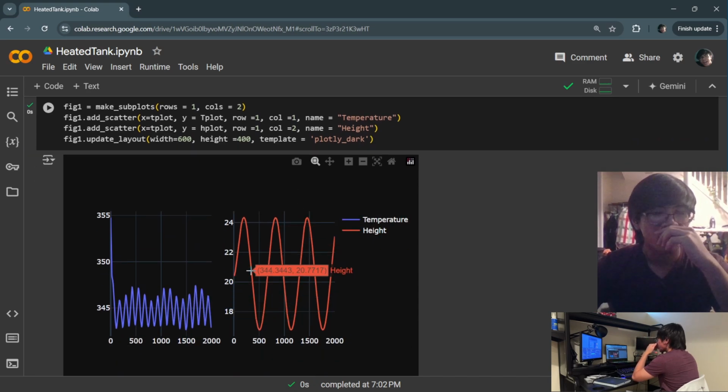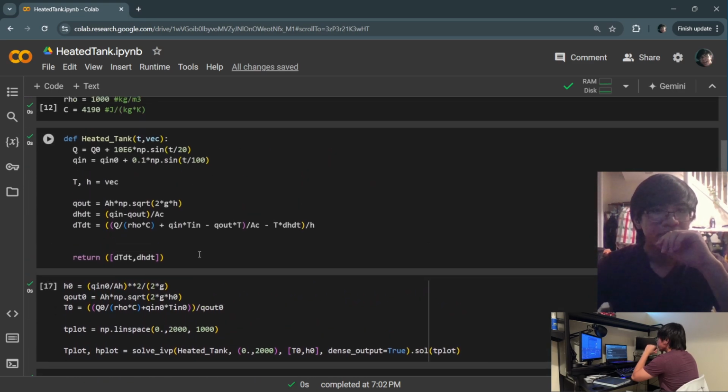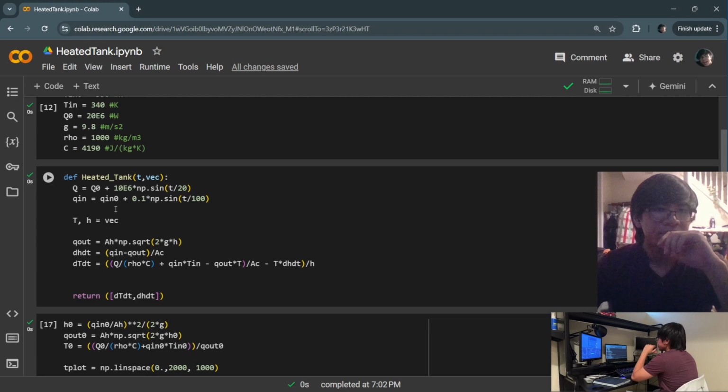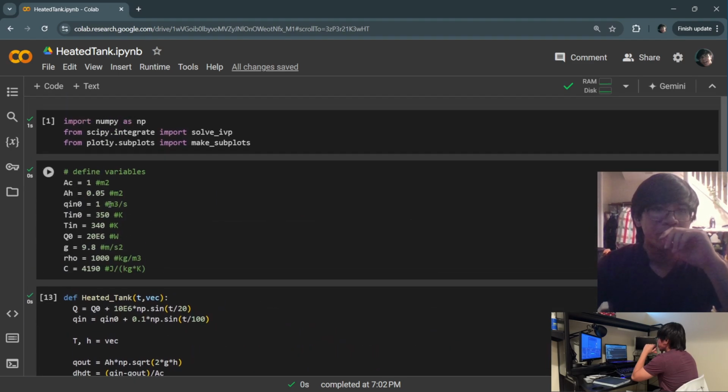So we see our oscillations, times in seconds, with the range that was defined in the problem, and this is temperature in kelvins. Interestingly enough, it makes sense since we're changing our heating coil. Now it looks like it's oscillating to a lower temperature. If you remember, we went from 350 to 340.